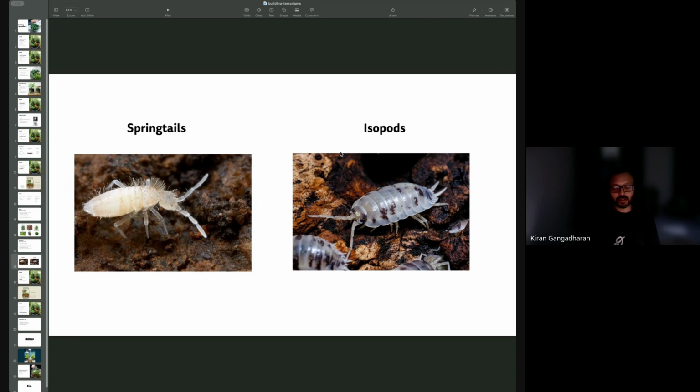What people typically do is that some nice person takes the pain to get these creatures out, and then builds a culture of them, similar to how you do it for yeast. You put a piece of wood, make it moist, put a grain of rice, and seal it with one or two springtails.